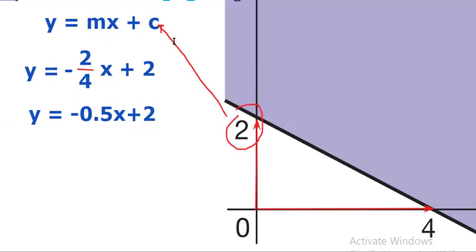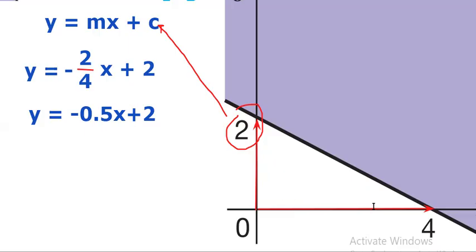So focus on the steps. We said that the y-intercept is the point where the line crosses the y-axis. After finding the y-intercept, we want to find the gradient. The gradient is the rise over the run. The rise is 2.